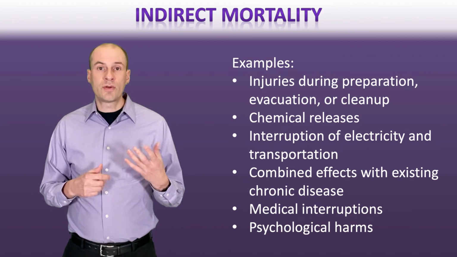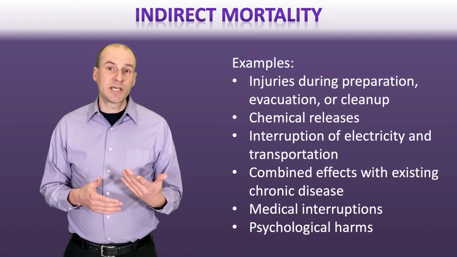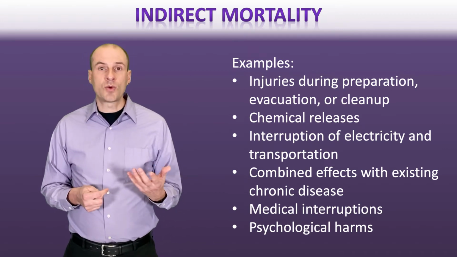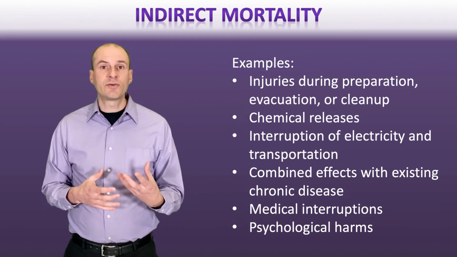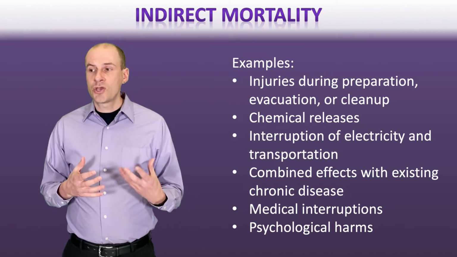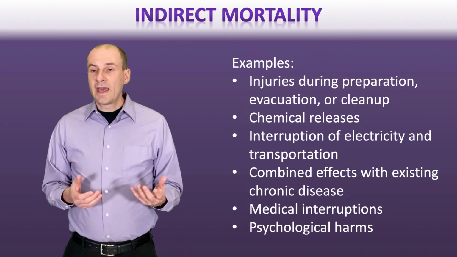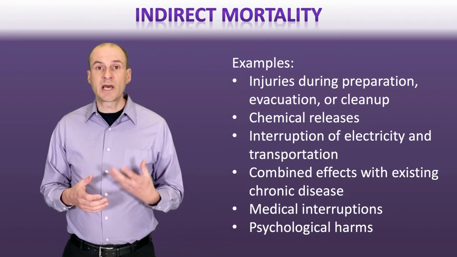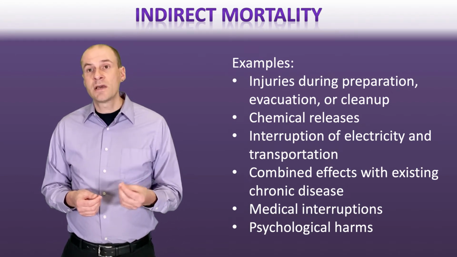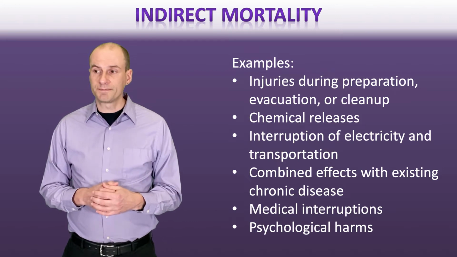So are you experiencing medical interruptions? So you're not getting the medications that you need. Is it affecting your ability to get treatment for asthma or other considerations that might influence your ability to manage a chronic disease? And then we have psychological harms, in some cases suicide or other things that we see in different types of emergency situations.